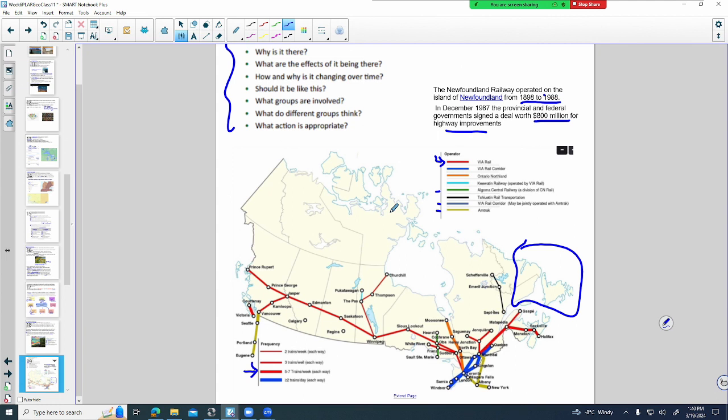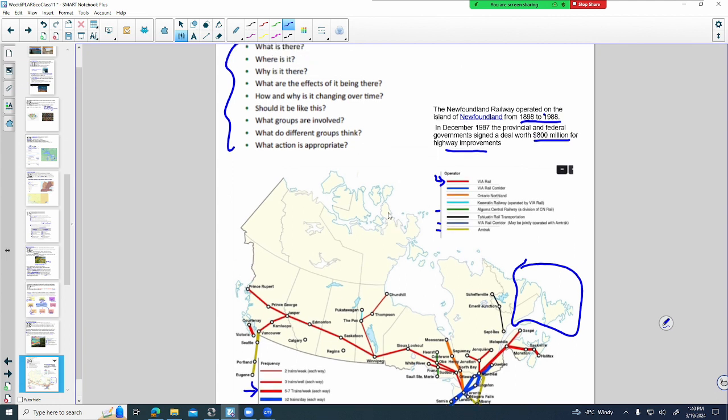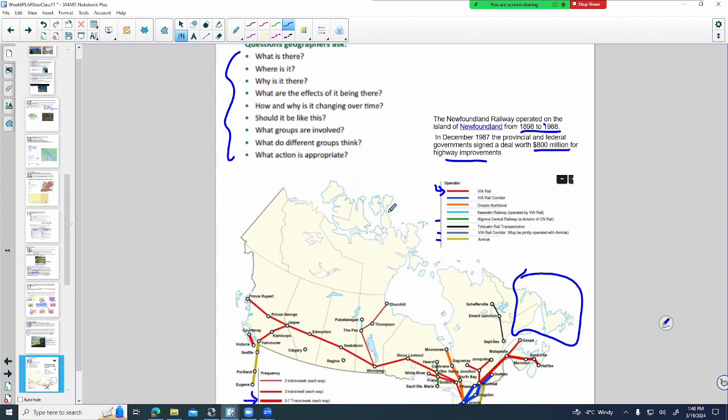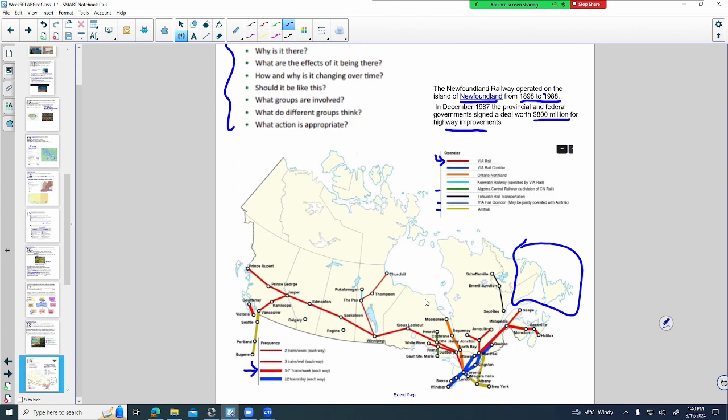So again, you're answering questions. Why is it there? What are the effects of it being there? How and why is it changing over time? So I guess over time, Newfoundland did not have the need to have the railway there anymore, so they took it off altogether. Amtrak, you can see where it's needed. Popular area, or populous area, sorry.